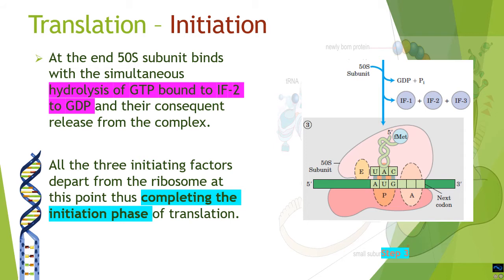So in step 3, the whole assembly comes together and all the initiation factors are released, and the GTP, which is bound to the initiator codon, will be hydrolyzed to GDP, and this energy release will allow the interaction to happen between 50S and 30S, making the whole initiator assembly, which includes the mRNA to be read, the fMet-tRNA initiator tRNA, and the binding of 50S with the 30S.